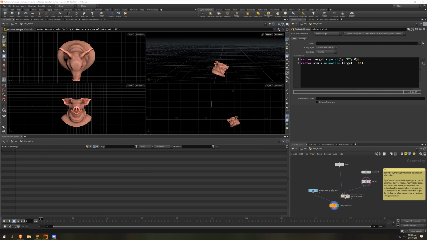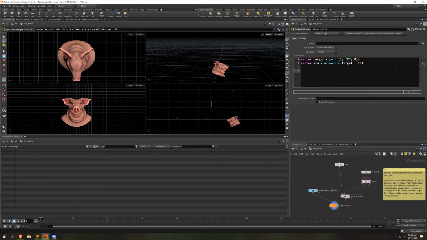So now let's go to the next part. Remember that in order to define a matrix, and a matrix is an orientation, I need 3 vectors, right? I can't just say forward because then that's only one component of that matrix stack. We need 3.